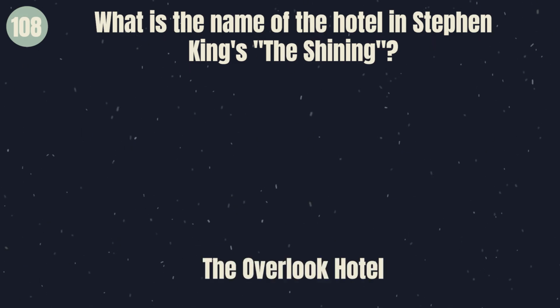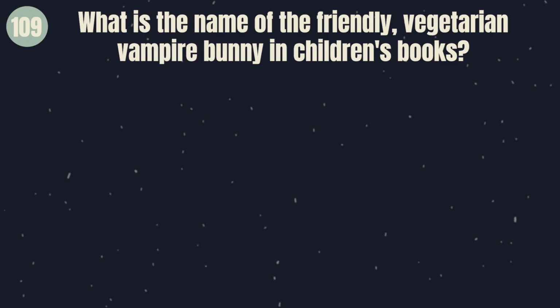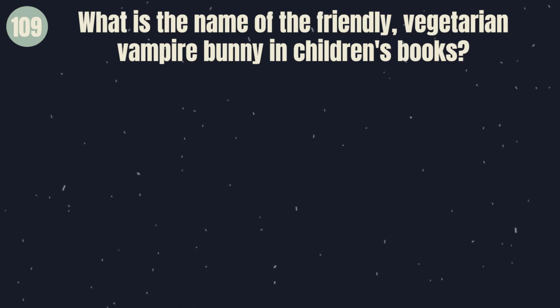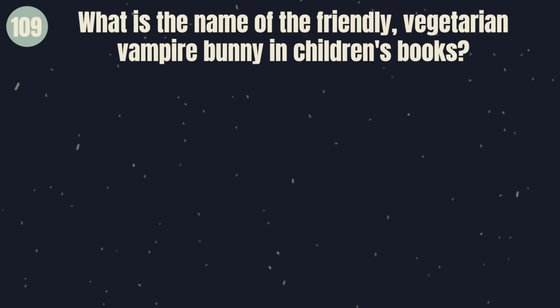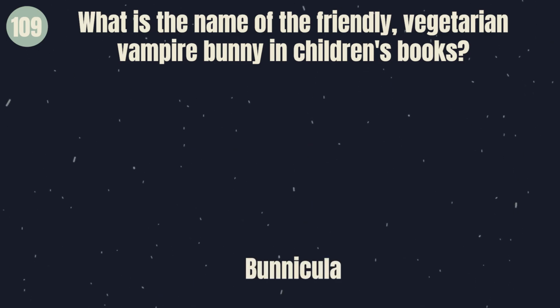The Overlook Hotel. What is the name of the friendly vegetarian vampire bunny in children's books? Bunnicula.